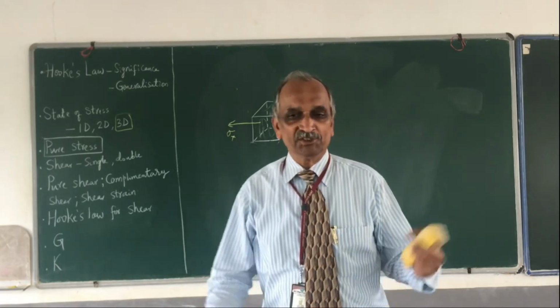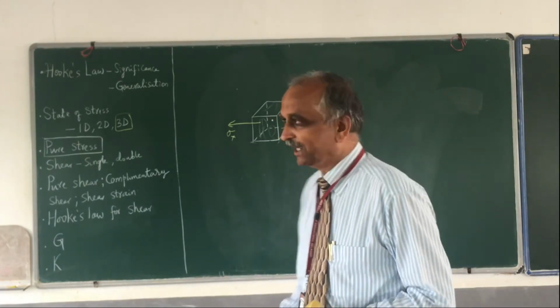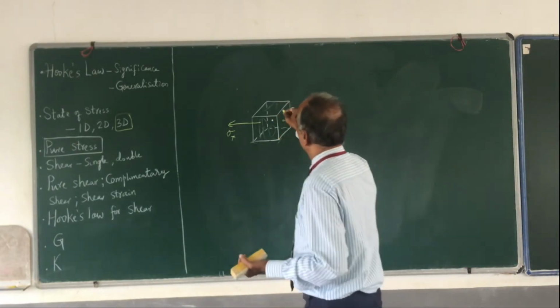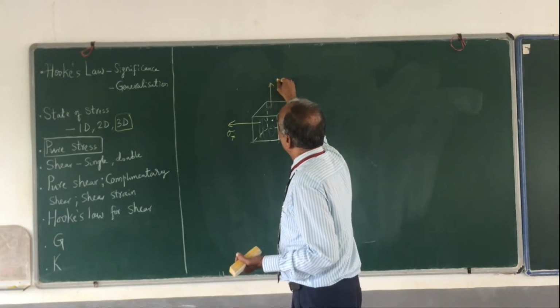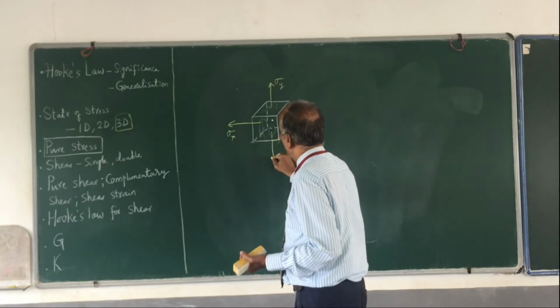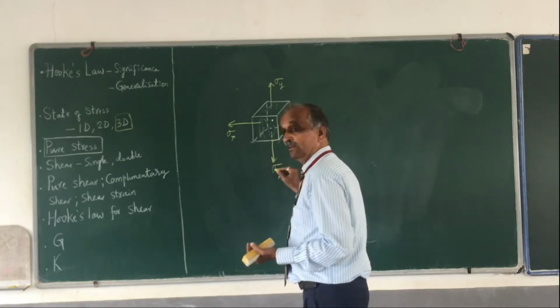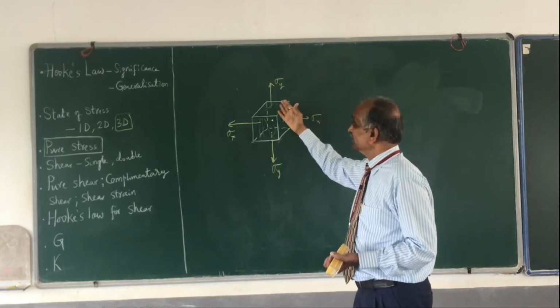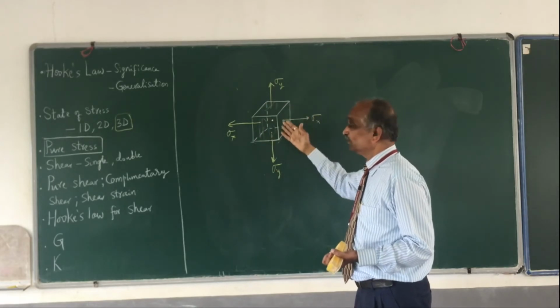Okay, it is not 1 dimensional, it is 2 dimensional. I have sigma x and I also have sigma y, and at the bottom here also sigma y, and there is no guarantee that I don't have shear stress.